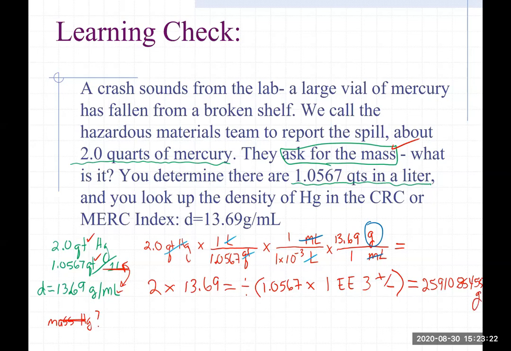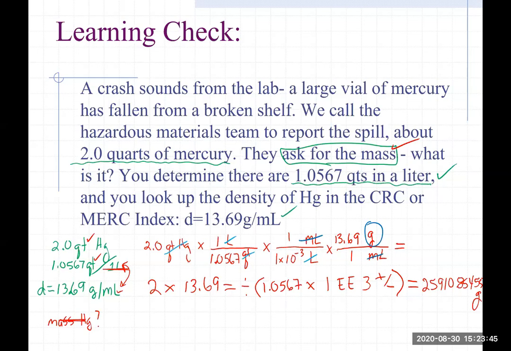Now I want to check my significant figures to make sure that I have those correct. I look at the data values that I have, and there's honestly only one data value, and that is the 2.0 quarts of mercury that I have. I looked the other values up. I looked up this conversion factor for a quart conversion to liters, and I looked up the density.